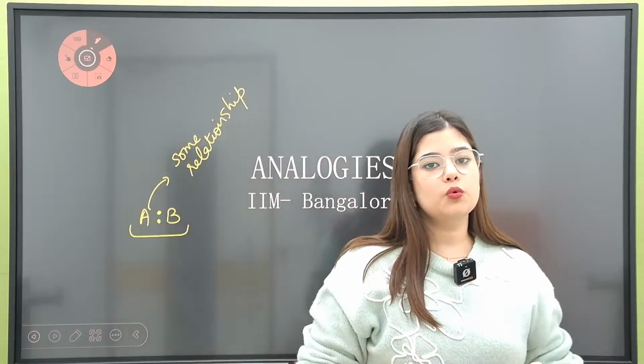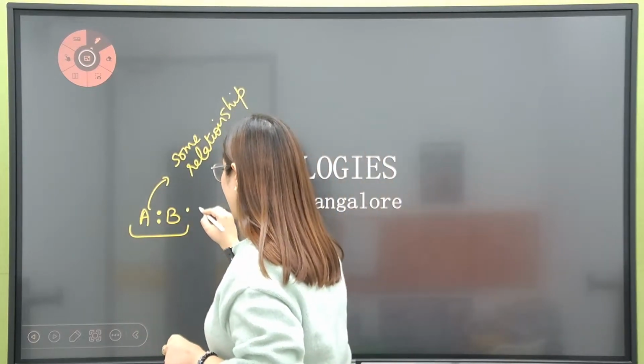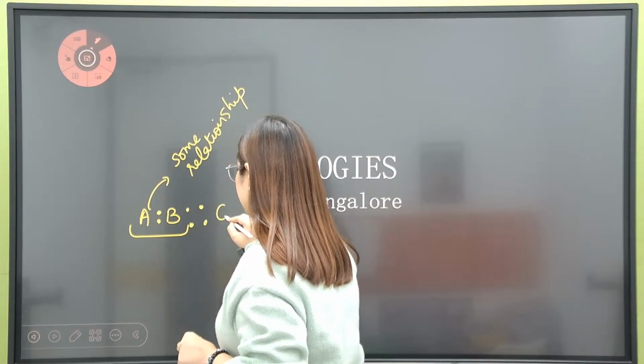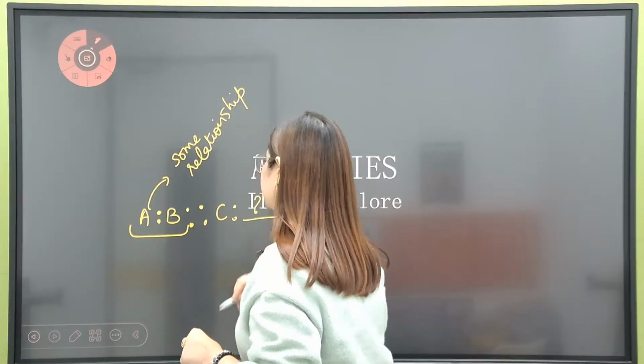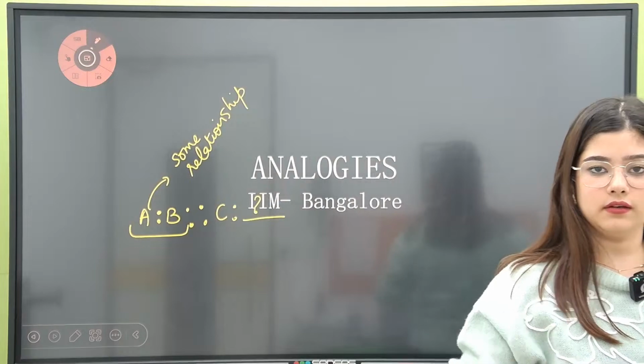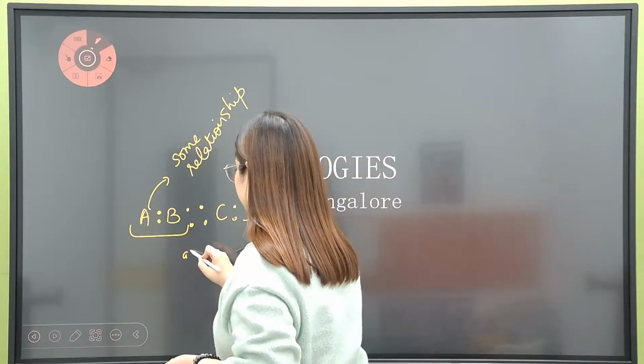So A is to B such as C is to, and then 4 options would be given.